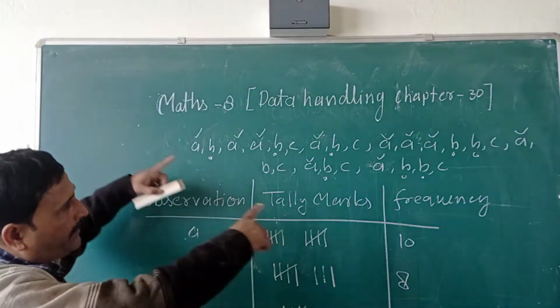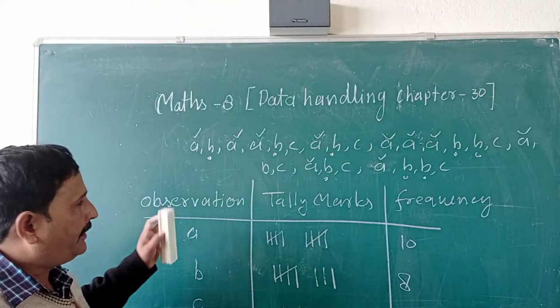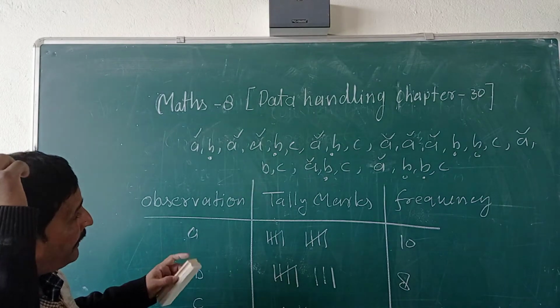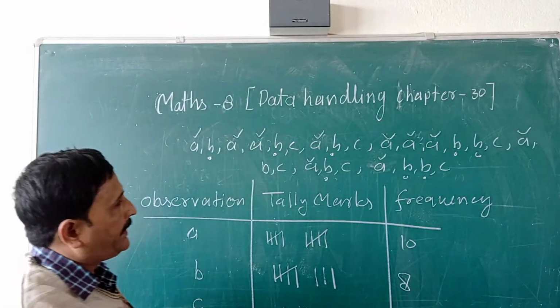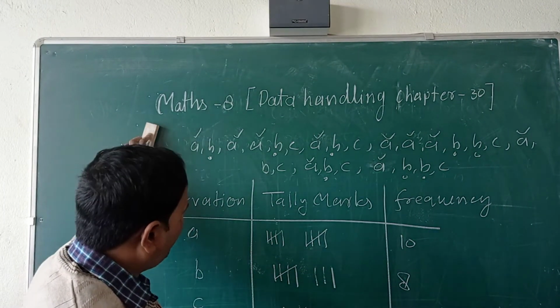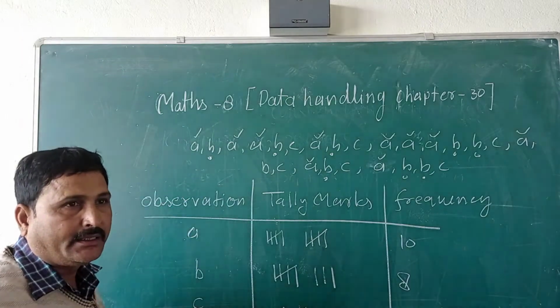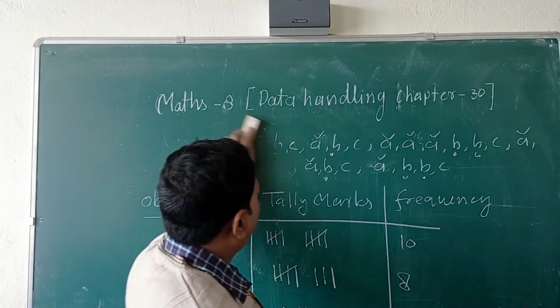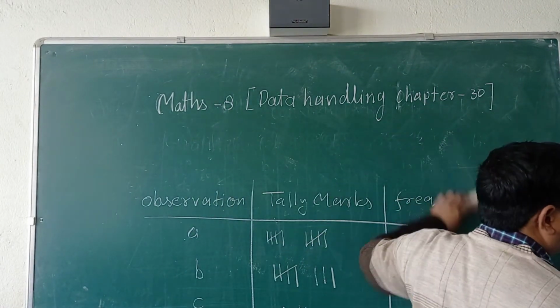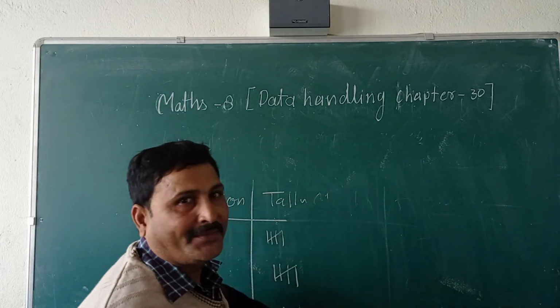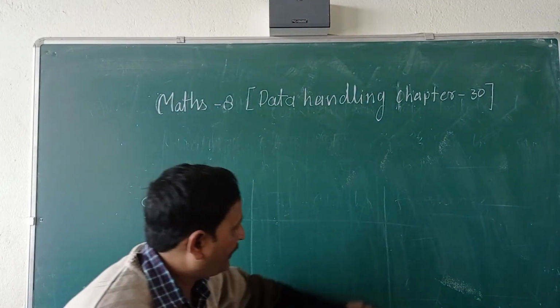Suppose numbers are given, then you have to make groups. This is called a frequency distribution table. Now see, if numbers are given, then what do you have to do?